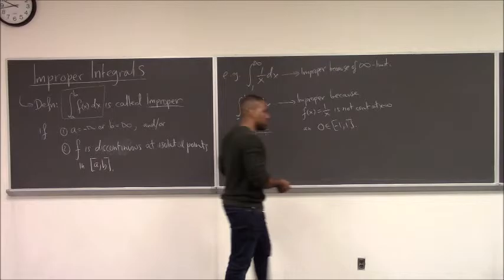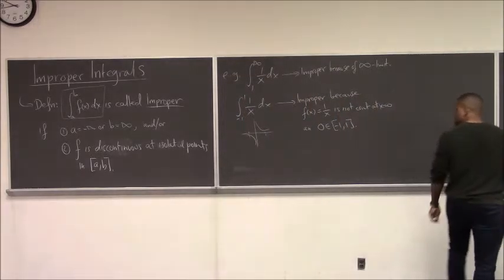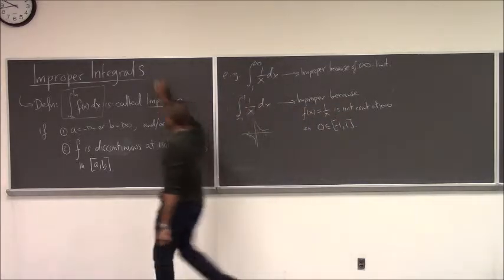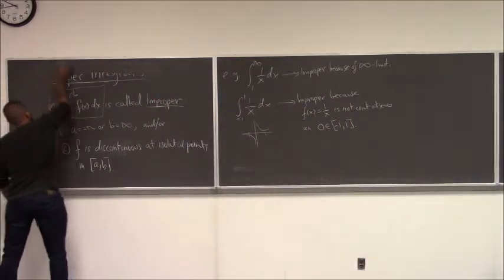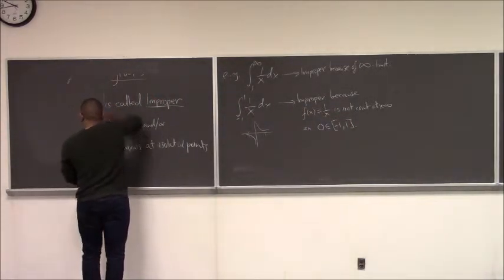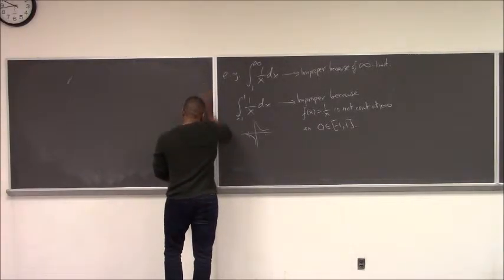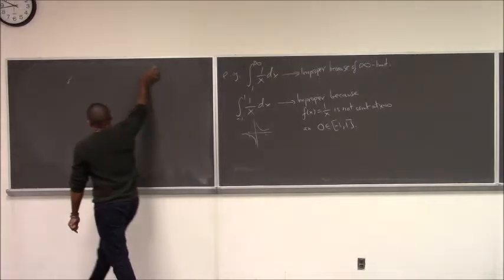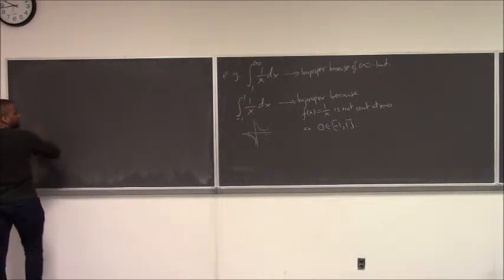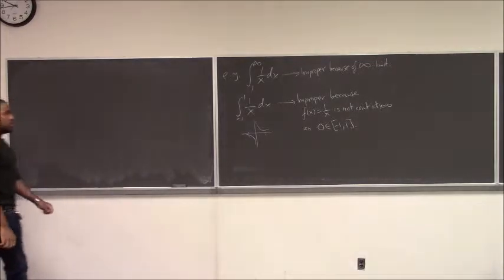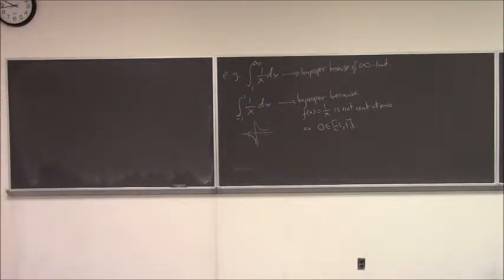So whenever you consider such an integral, you say you're doing an improper integral. There are a lot of tangents and paradoxes that we can talk about with these kinds of integrals, but we will skip them for sake of efficiency.